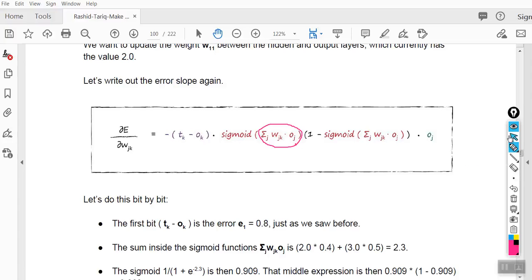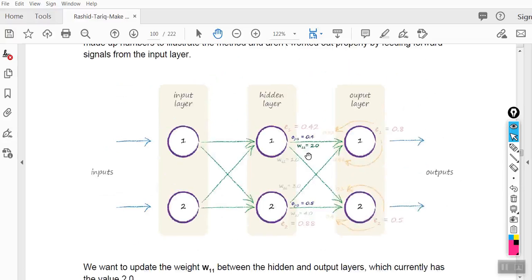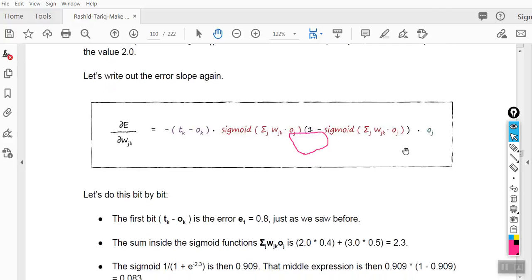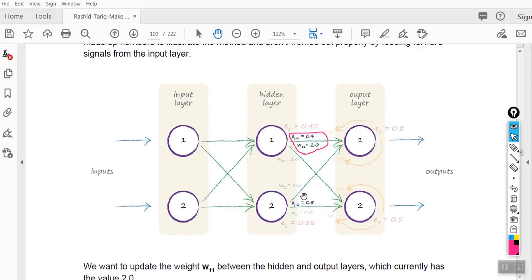Then for example, consider this: W11 multiplied by output, and see here, and the other one is this, W21 multiplied by this.